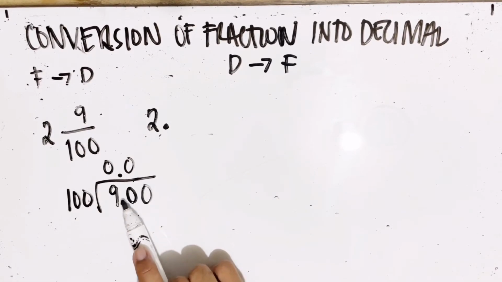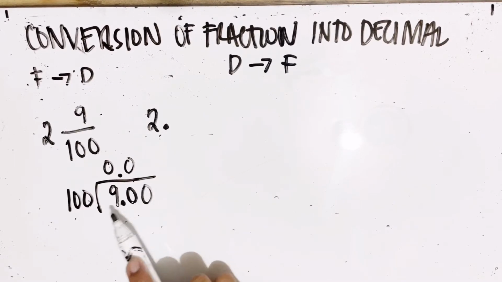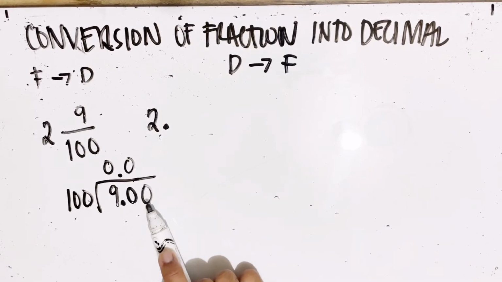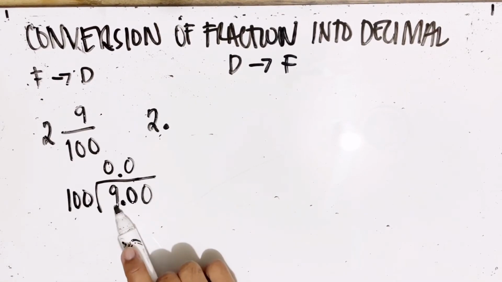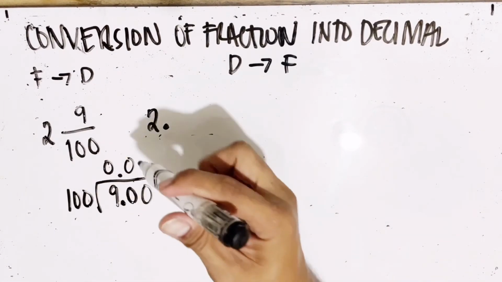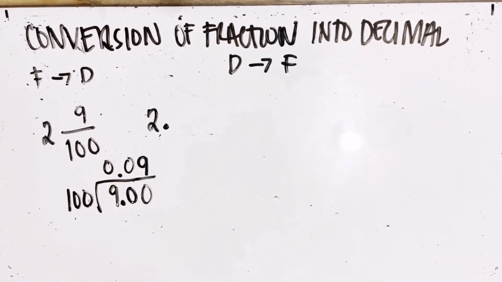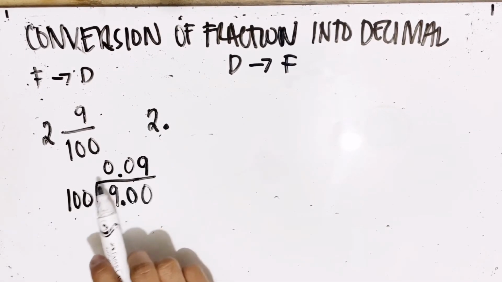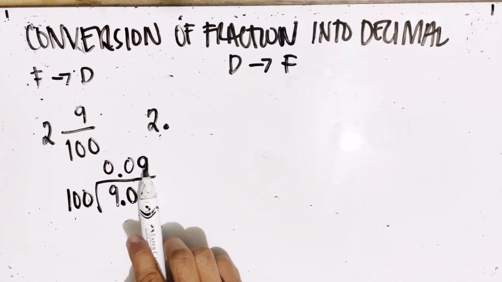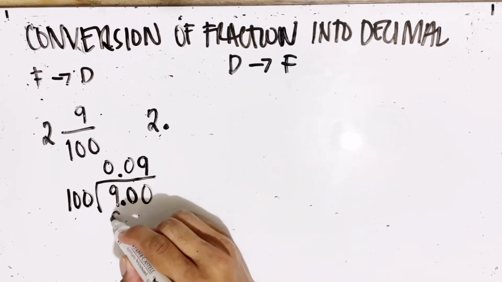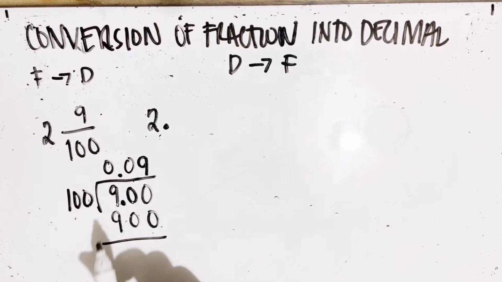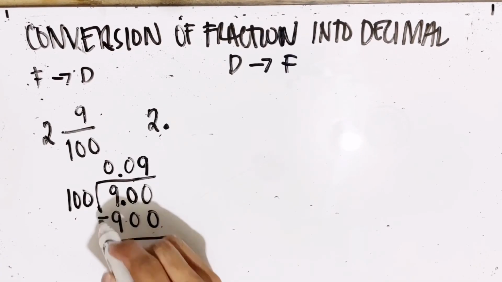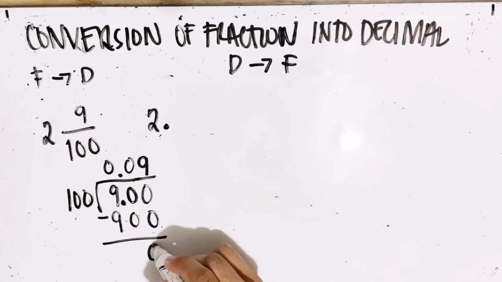Now we have 900. Because we have 900, it is greater than 100, so we can start dividing. 900 divided by 100 is 9. And then, going down, we will multiply. 9 times 100 is 900. And then subtract. 900 minus 900 is equal to 0.